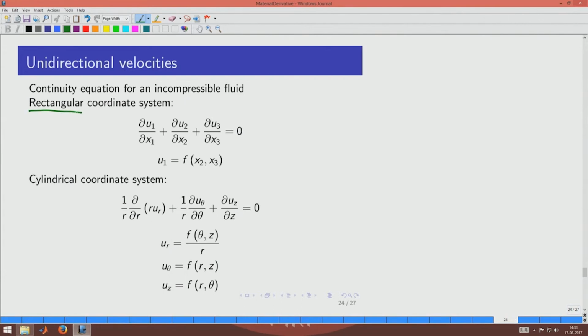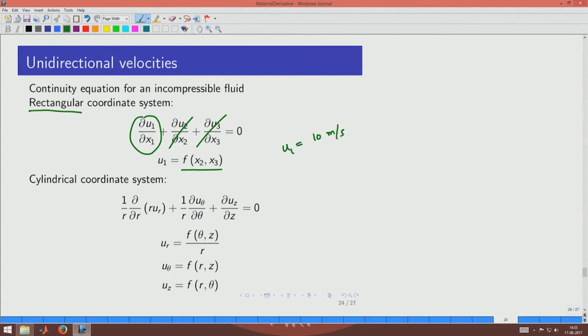If we want to look at the unidirectional velocity, and let us say we want to keep only u1 and we do not have the other two, then any function which makes the derivative with respect to x1 zero is a valid velocity field in this situation. Which means that any function of x2 and x3 will satisfy the continuity equation in 1D. So, obviously u1 is equal to 10 meter per second.